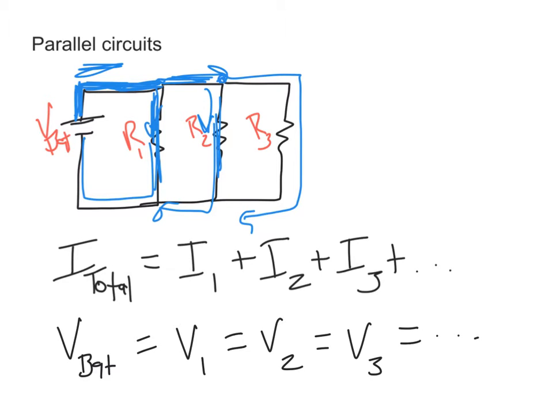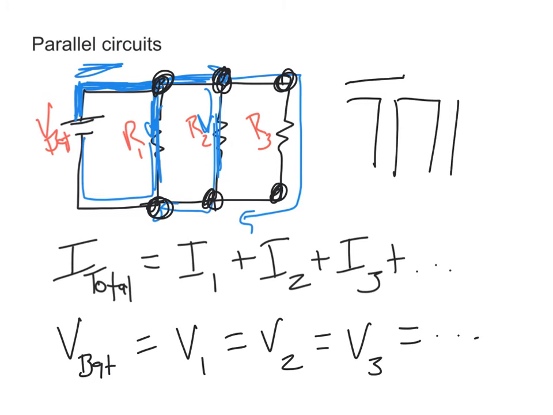Because they are all essentially connected to the same point. So the difference in potential from here to here is the same as the potential difference from here to here, and the same as the potential difference from here to here. So if you looked at it in terms of the water pipe analogy again, this would be like having pipes that are shaped like this.